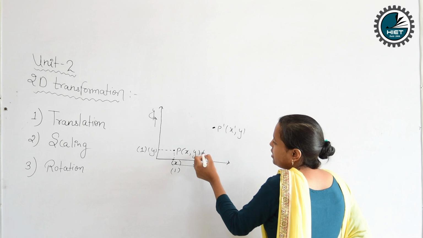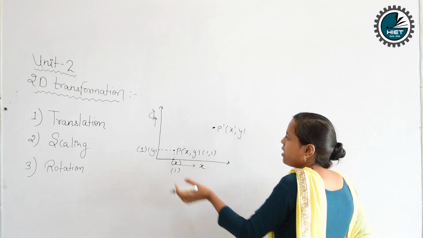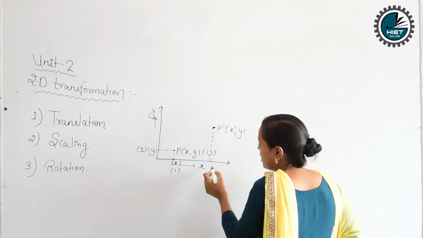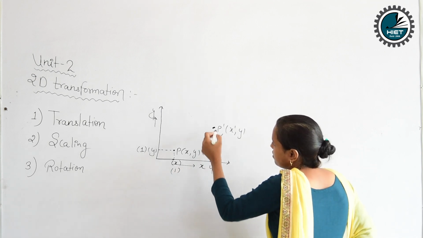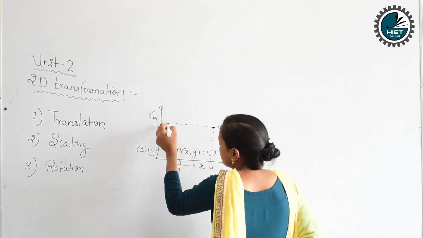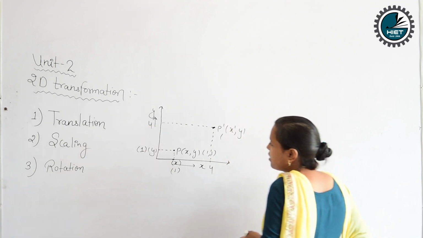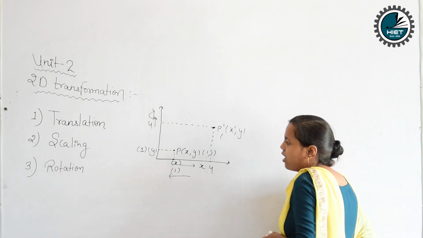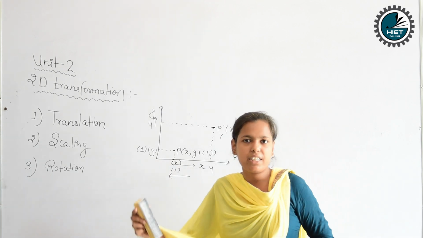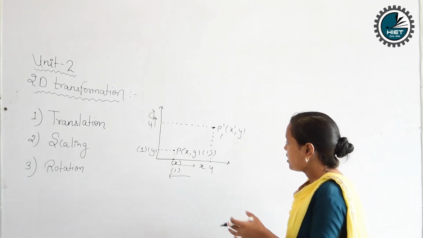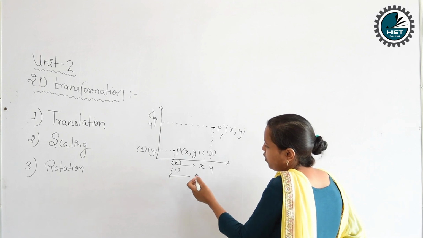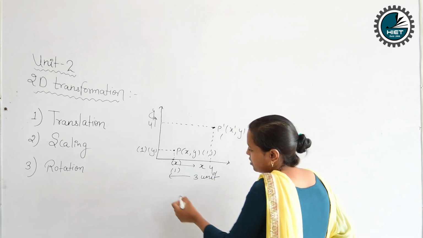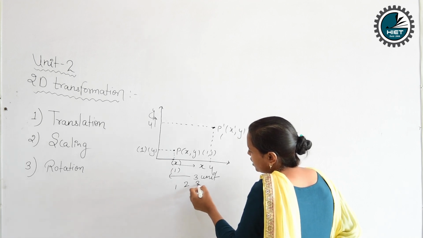Suppose the point is 1 comma 1, and after the translation the point will be 4 along the x-axis and 4 along the y-axis. So along the x-axis we are moving a distance of 3 units in the x direction, meaning 1, 2, 3 and 4.